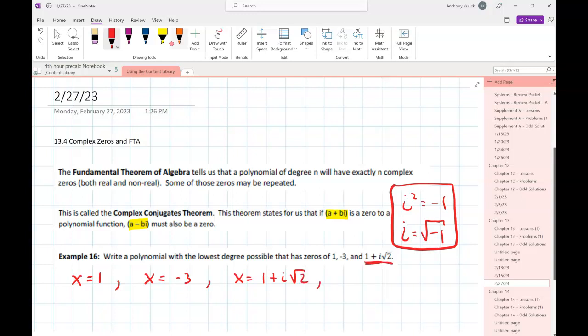And because this is a complex number, I should say an imaginary number, I know because of the complex conjugates theorem, I also need what other solution? 1 minus i root 2.